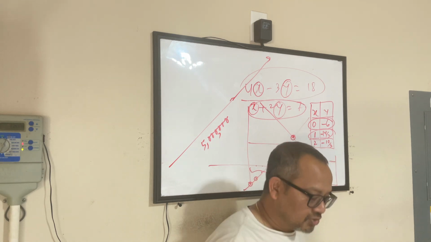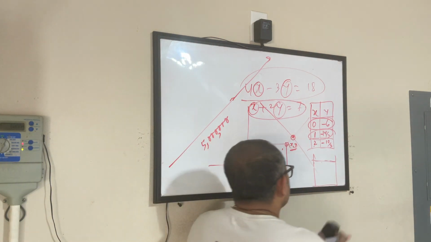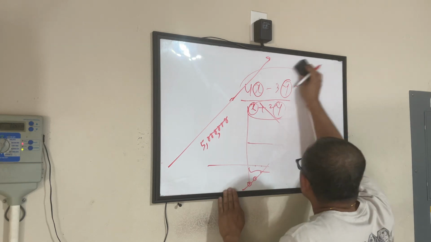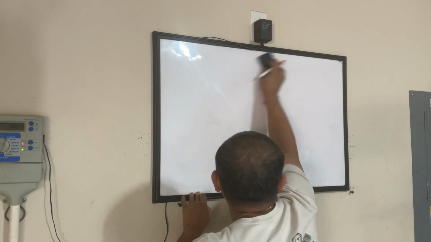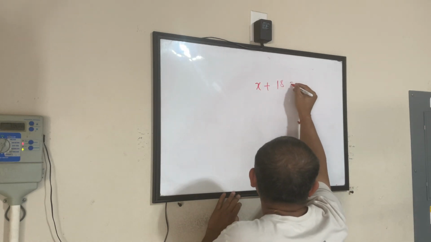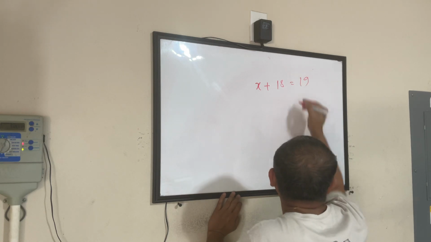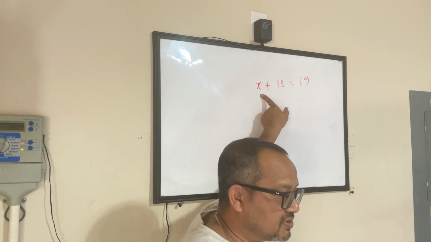Okay. So the takeaway or the summary of what we have done so far is that if I ever have a linear equation with one variable, it's easy for me to solve it for that variable.